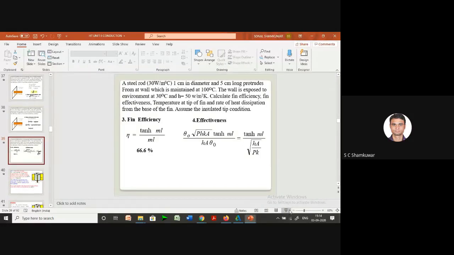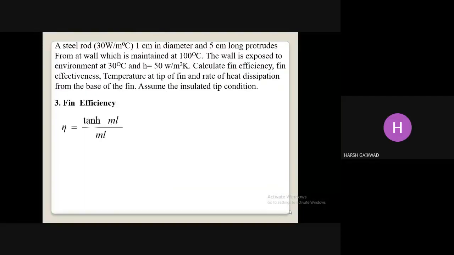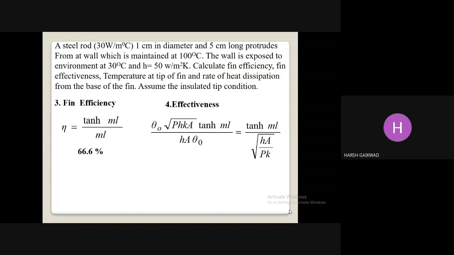Okay, means it is not effective. It should be more than 1. But are you getting the same answer for efficiency, 66.6?